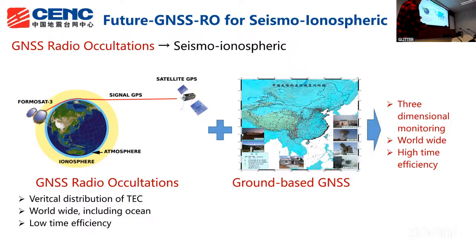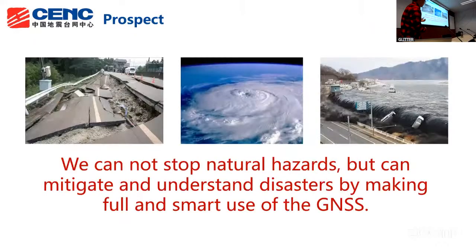But for GNSS radio occultation, we need to wait for the satellite, so it has a low time efficiency. So I think if we combine this with the ground-based GNSS, we can get three-dimensional monitoring of the distribution of the TEC. And also we can get worldwide and high time efficiency seismo-ionospheric results.